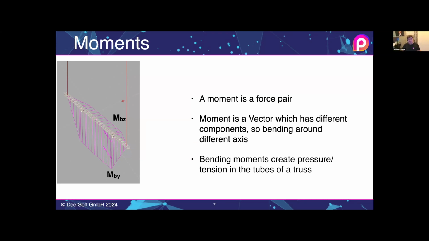Bending moments create pressure and tension in the tubes of a truss. And if you have a longer span width of truss, normally this is what limits the actual capacity of the truss. An important thing to understand is that it's not good enough to just compare the bending moment with the maximum bending moment of the truss, because the bending moments MBY and MBZ need to be added at a specific point, together with the normal forces that are happening on the truss.